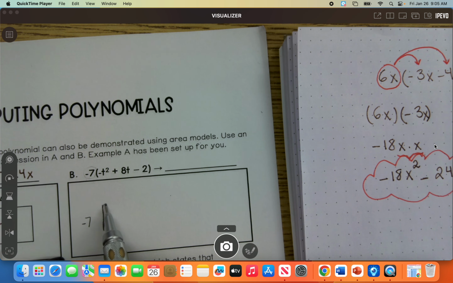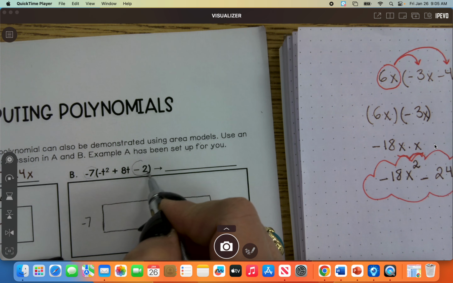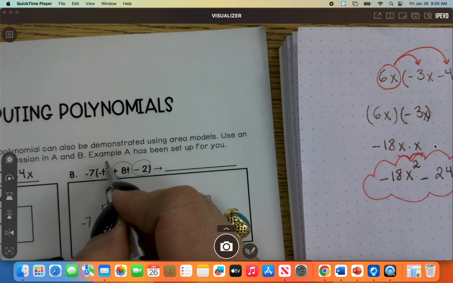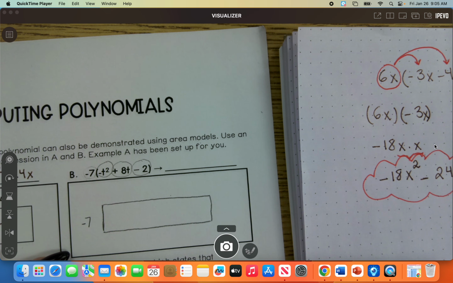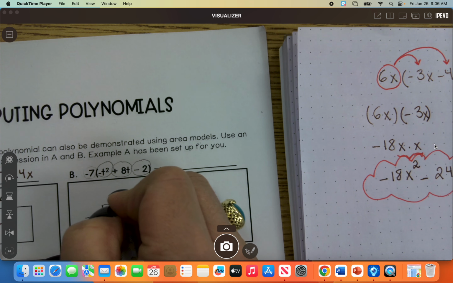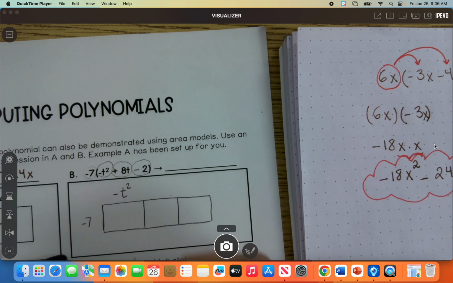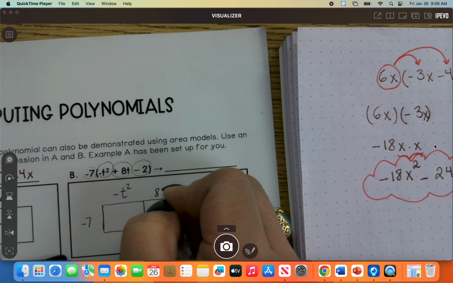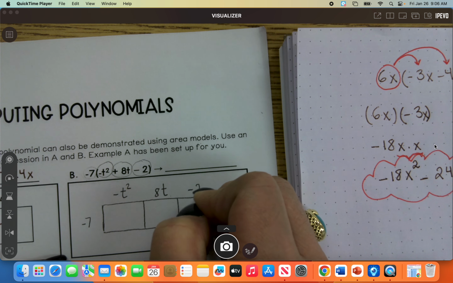And then for my length part of this rectangle, I need to divide it into 3 terms because I have 3 terms, 1, 2, and 3. They're separated with these negative or positive signs. So I'm going to do it this way. And I'm going to put negative t squared, 8t, and negative 2.